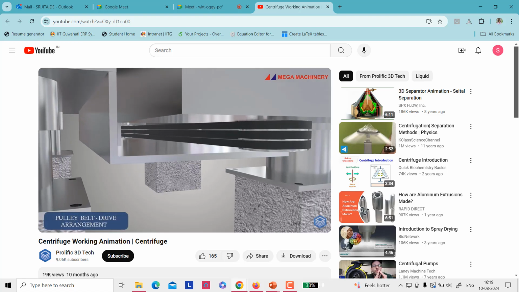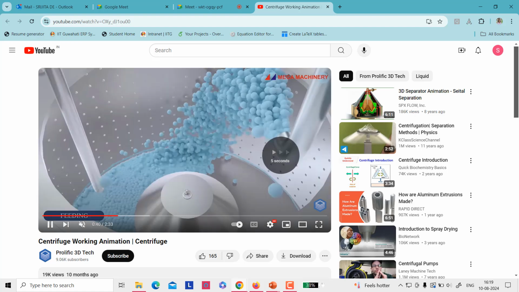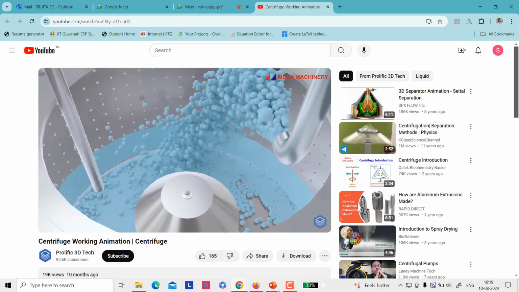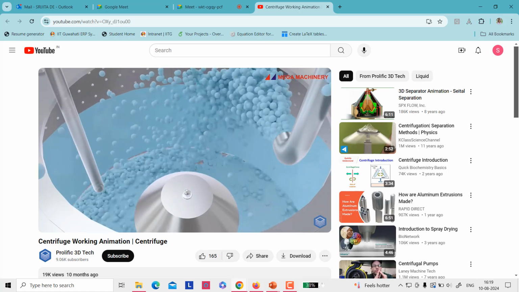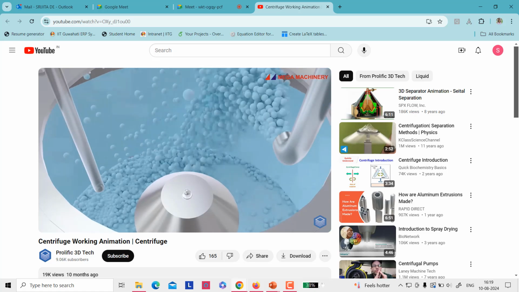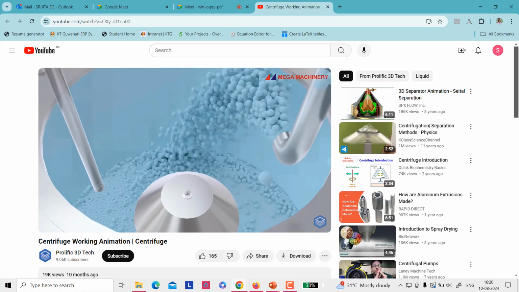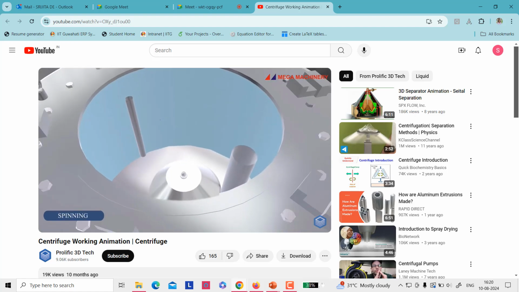So you can see, particles are sent in and high spinning is happening.